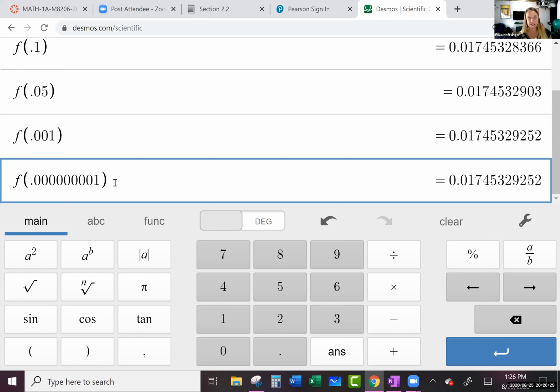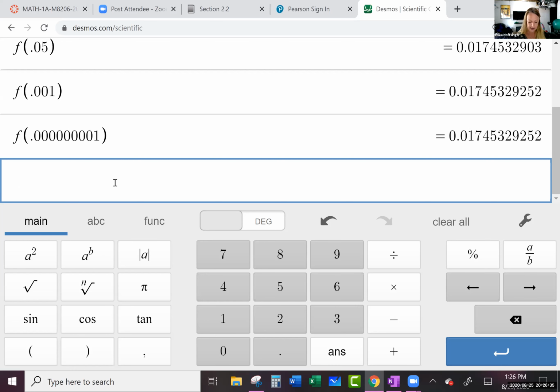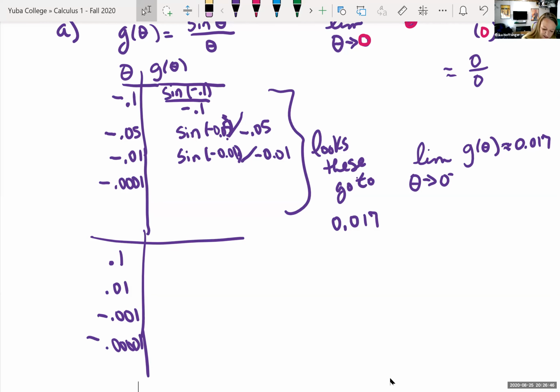We have x in the denominator, just x. And so this function's defined at x equals 0, but the limit is existing. And if I put f of 0 in here, notice that it spits back as undefined. And so when we plugged in these values, x approaches 0 on the right, we got the same thing.